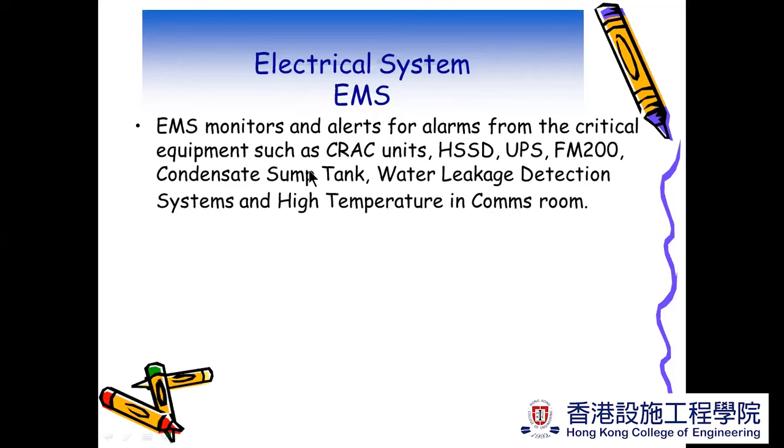If it activated, the BMS will send out a signal. Condenser pump tank as well. It will tell people who are on maintenance that condensing pump has got problem, or water leak detection has activated the alarm, or the comms room has high temperature. Right. So these are all done by the energy management system.